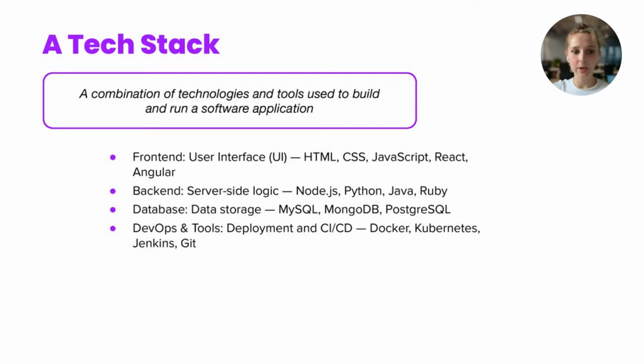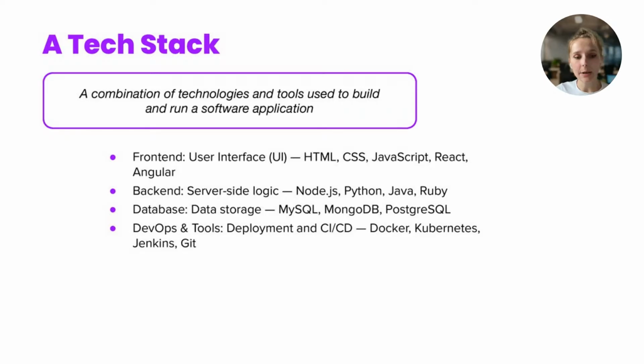Let's break it down. When someone asks you, hey, what's your tech stack? They're actually not asking you for the full CV of tools that you used and experimented with. They want a quick and confident overview of what you actually work with regularly, all the time.